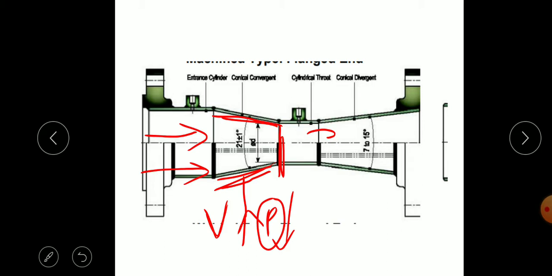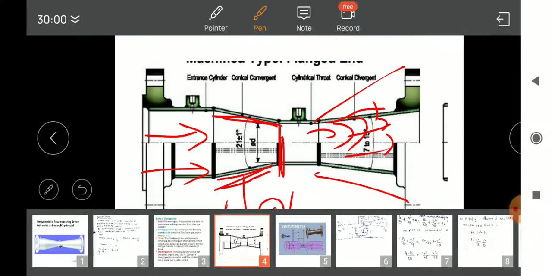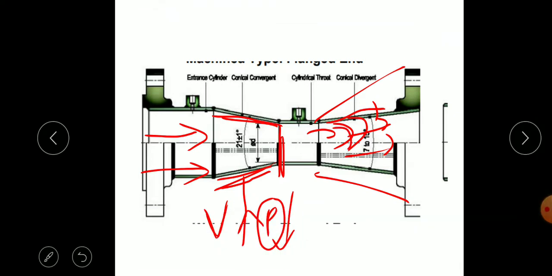So if you increase the diameter suddenly, there may be flow separation along the wall, and instead of the water or oil flowing along this, there may be flow separation, and here the eddies, that means circulating flow, will occur, which results in loss of energy. Loss of energy is not desirable.